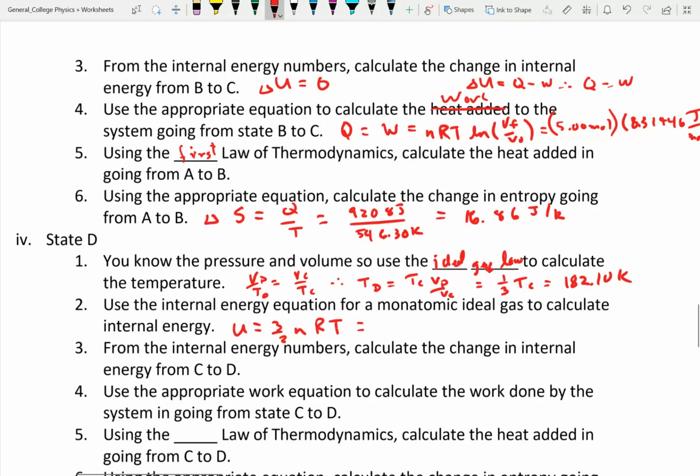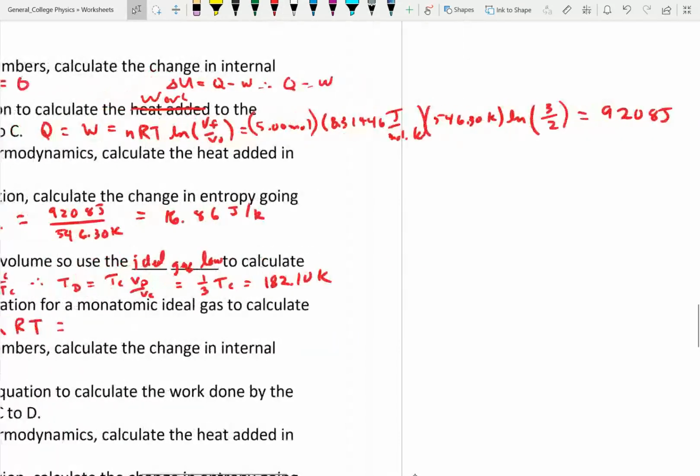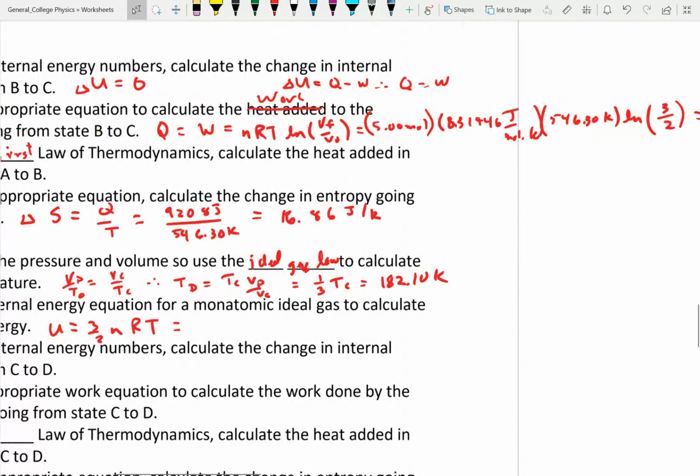That's going to be, let's do the things faster, smarter. That's going to be equal to 1/3 of what we had for the internal energy last time, because the temperature is 1/3. 1/3 UC. And so if we just take 1/3 of the internal energy we calculated for the last one, we're going to have 11,355 joules.